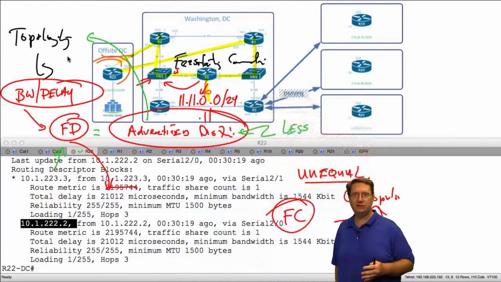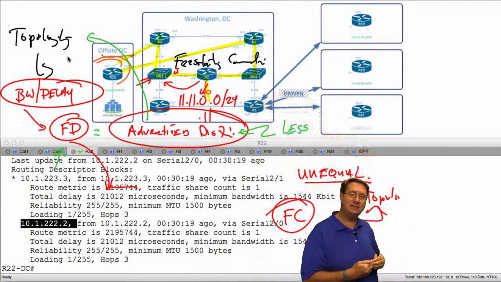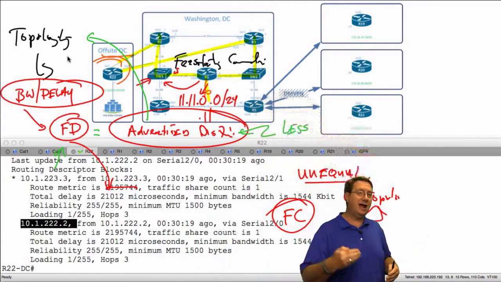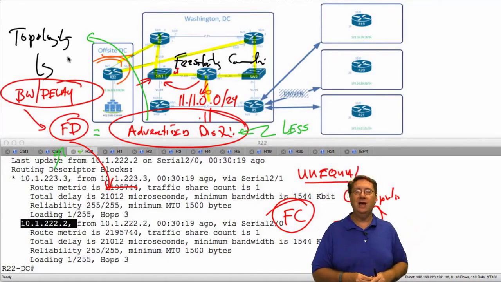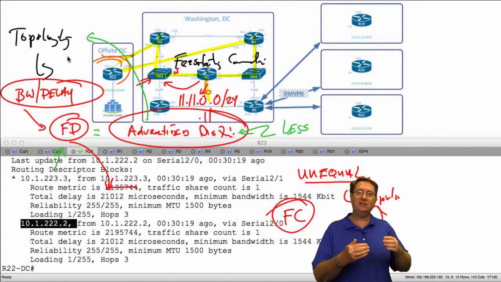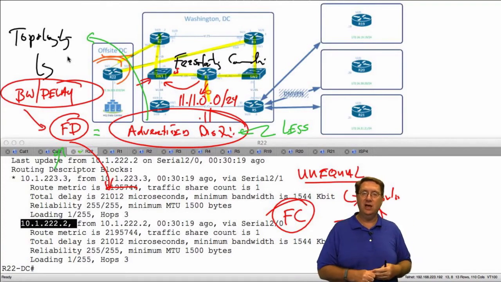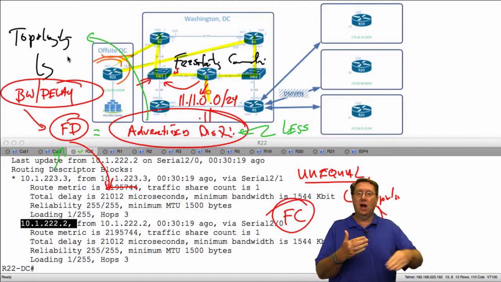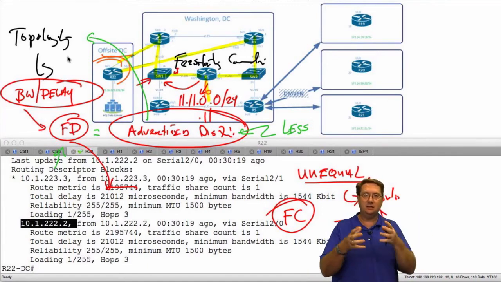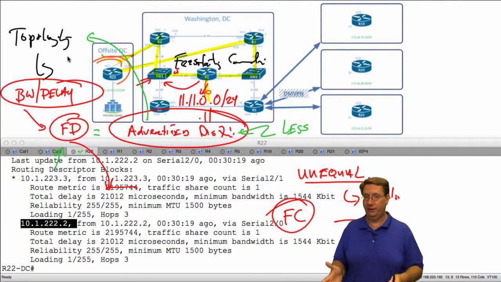That's really and truly all there is to the feasibility condition. It simply states that if the advertised distance of my neighbor to reach a prefix is less than the feasible distance that I would use to reach that prefix, then I can place that in my topology table. The reason I can do that is because if it's lower for that device to reach that prefix, then I know that path does not go through me. Therefore, since the advertised distance is less than my feasible distance, I know that route is going to be loop-free in nature.